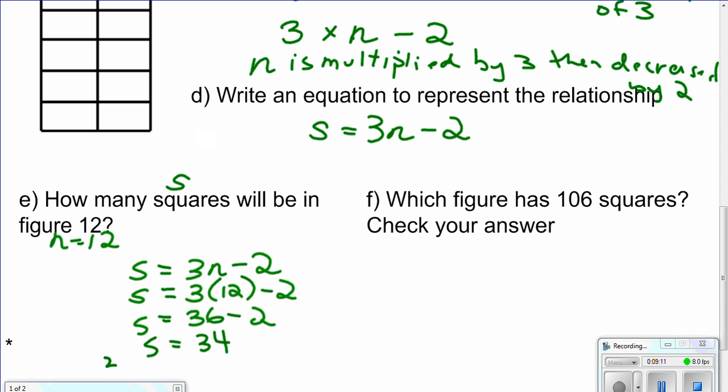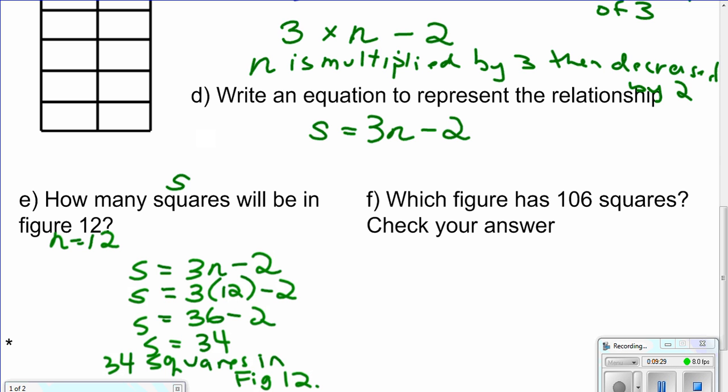So there are 34 squares in figure 12. Okay, we could have continued our pattern, but using our equation or our pattern rule will help us get to our answer a lot quicker.